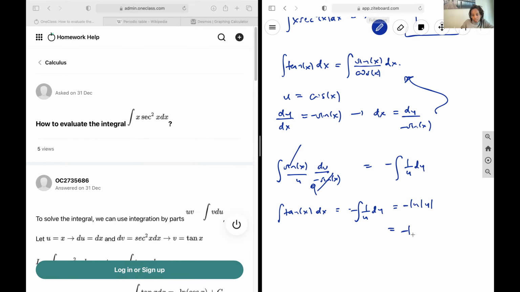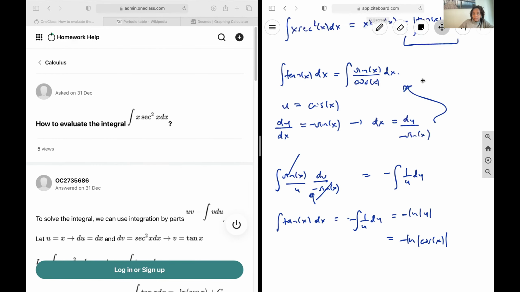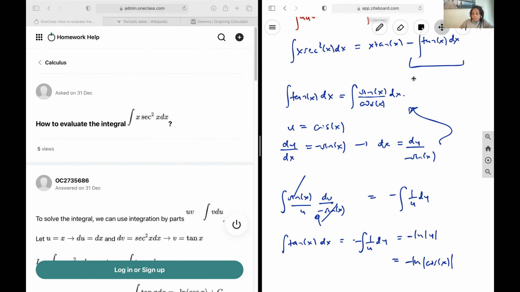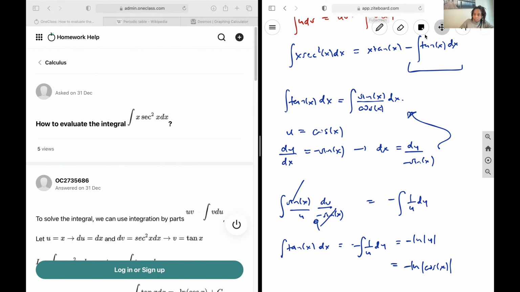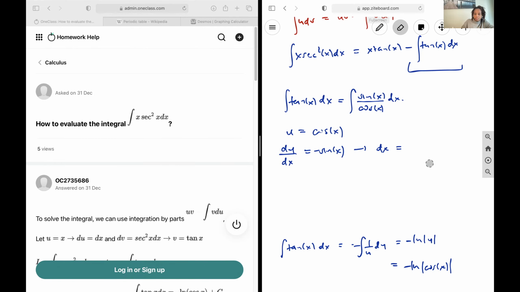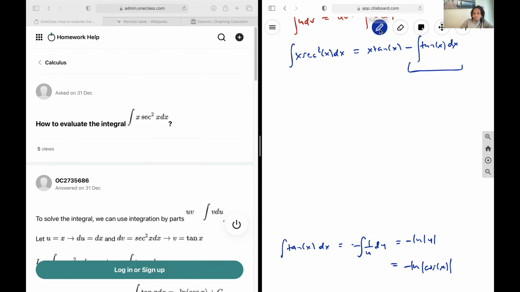Then just put back in u, so negative ln the magnitude of cos x. And so now we're going to put that all back into our formula here. Negative over negative is positive. This is just some of the rough work so you could understand where it's coming from.